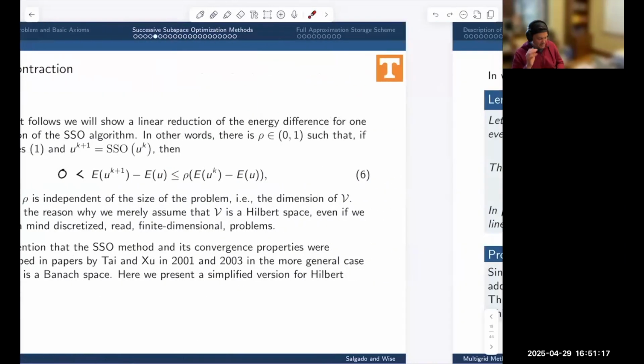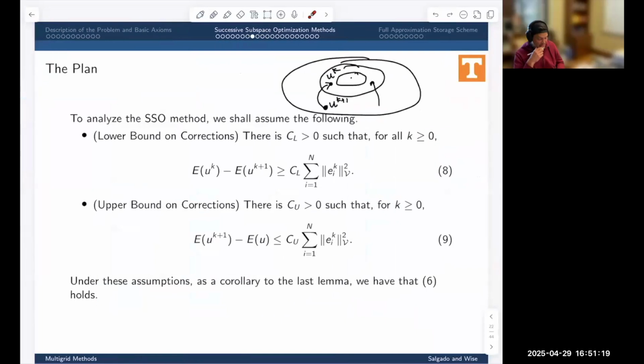That makes sense from the description of the method to begin with. So E(u_k) minus E(u_{k+1}) has to be positive, and it has to be greater than the sum of the norms of these corrections, with this constant C_L.